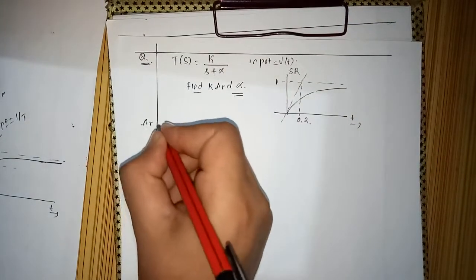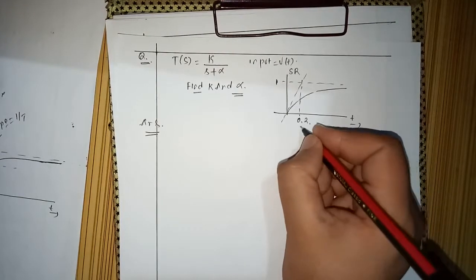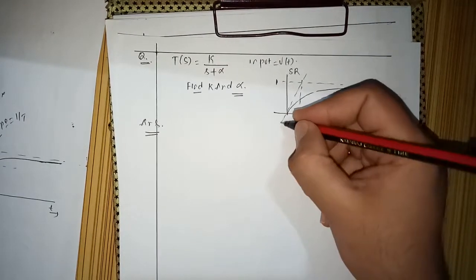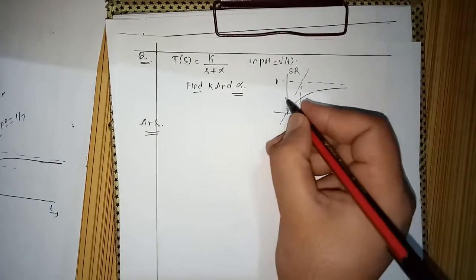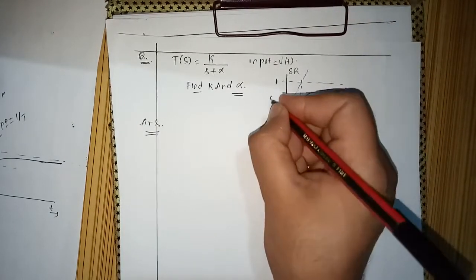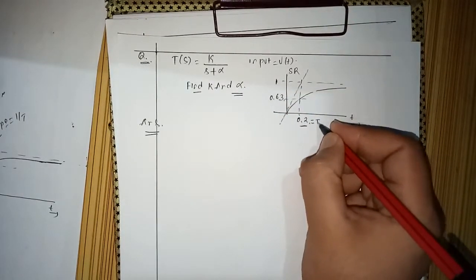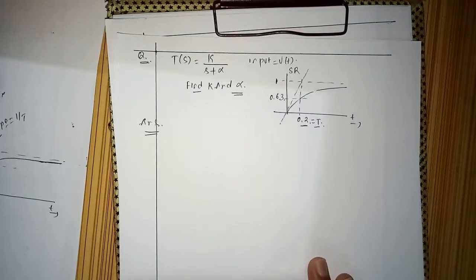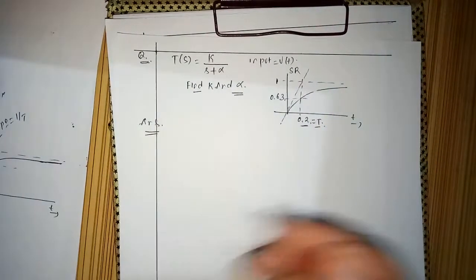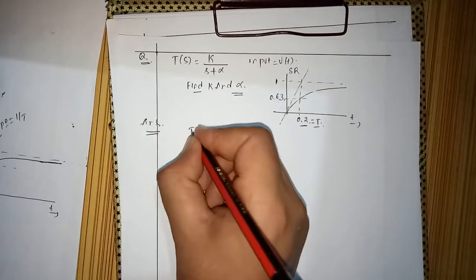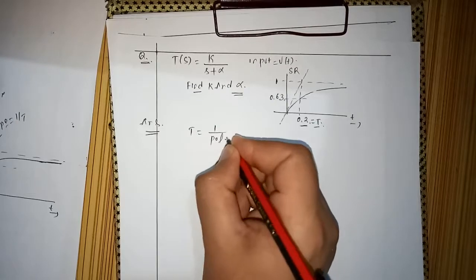How do we solve? Now we know that in the step response, the tangent is drawn at t equal to 0, and this is my point 0.63, and this value is nothing but my time constant. So from our discussion of first order systems, we know that the time constant is inversely proportional to the pole.